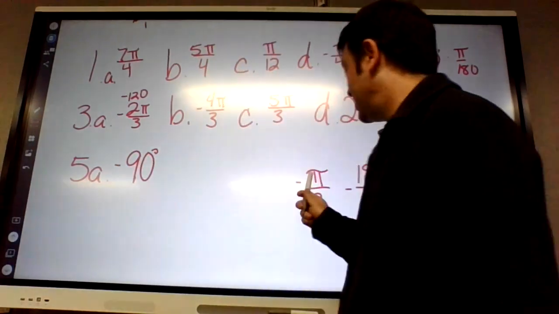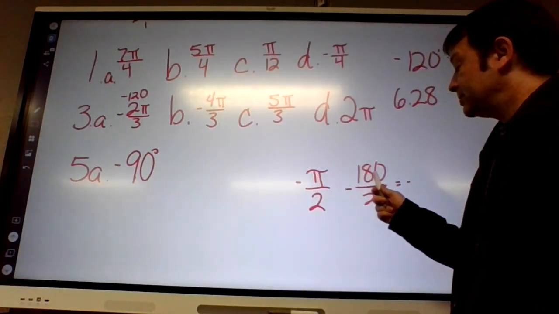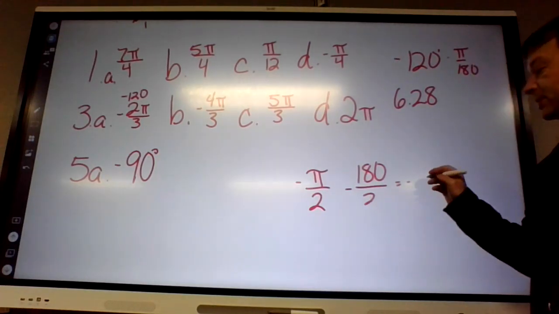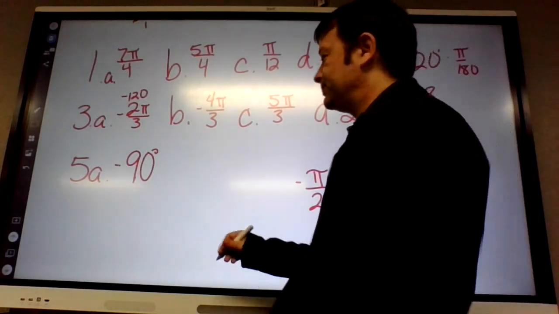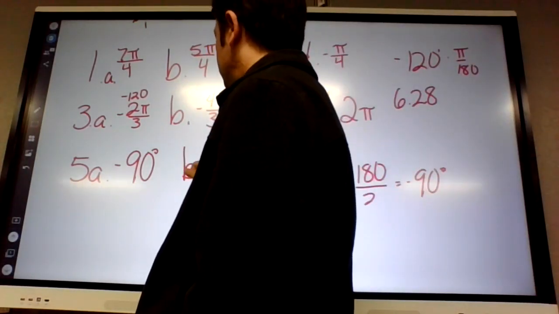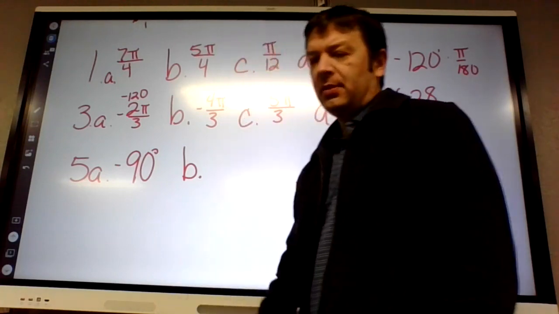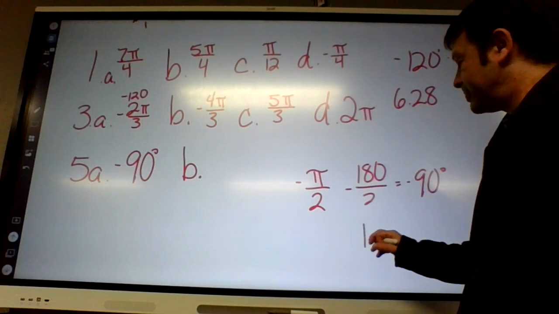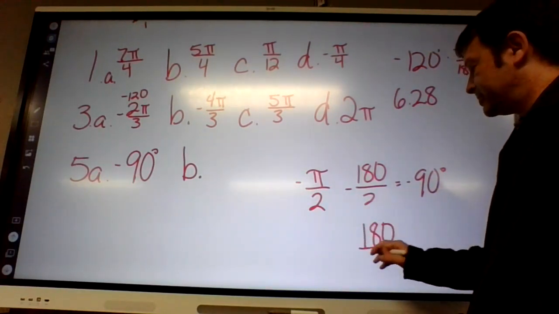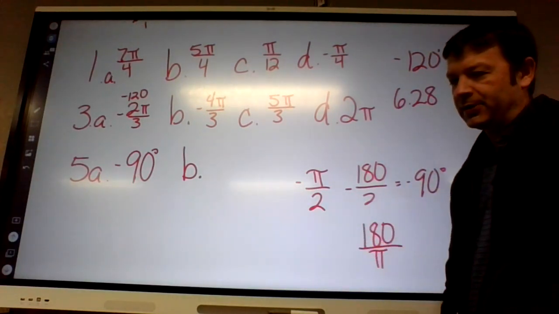That's probably the easier way to convert radians. But if they don't have the pi, you can always just use that 180 over pi thing.